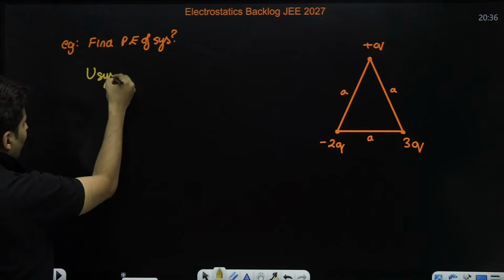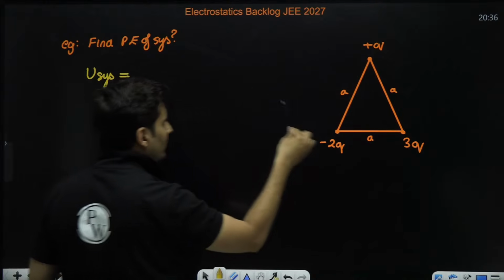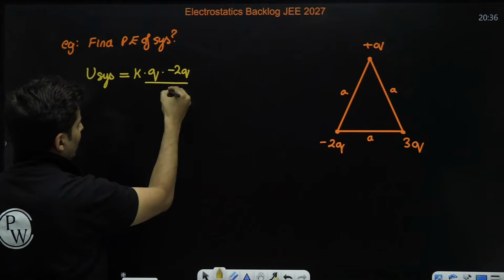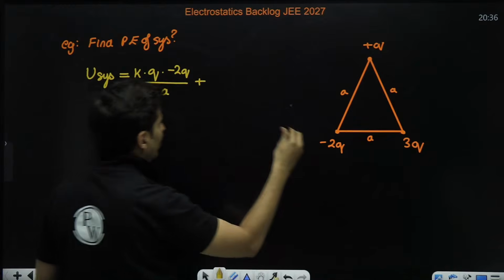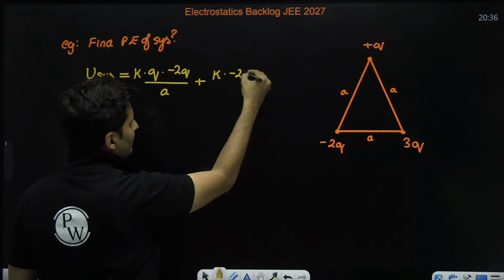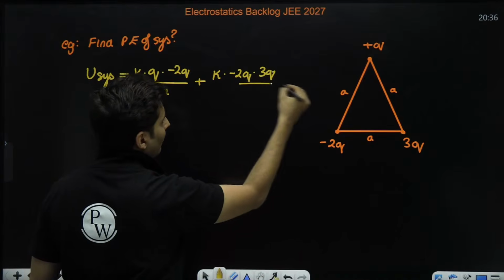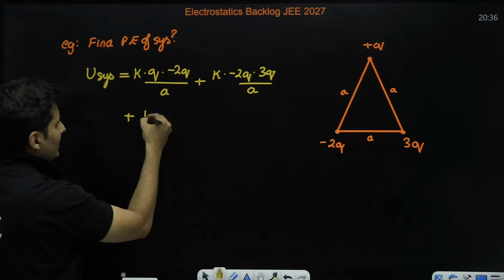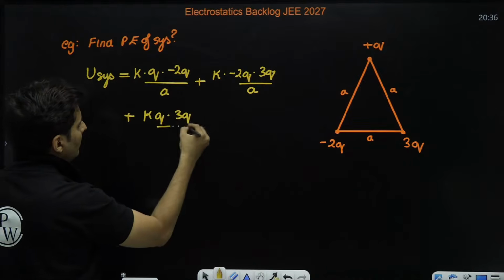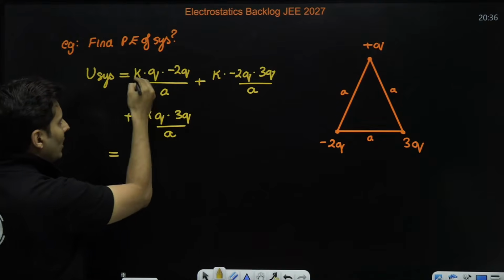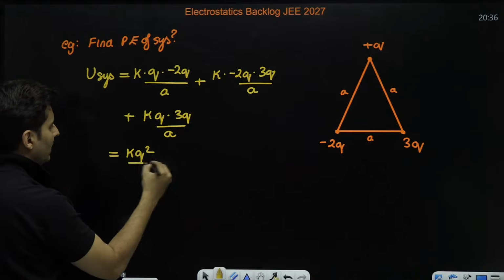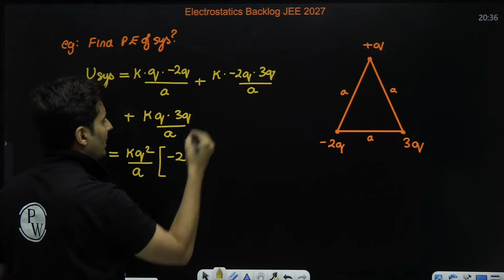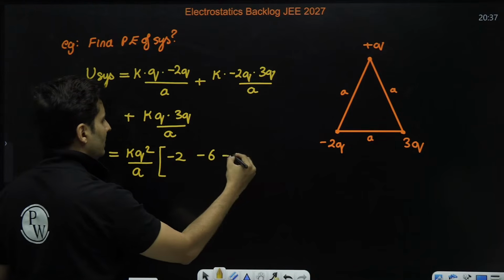So the potential energy of the system will be: take these two first, Coulomb constant k into q into negative 2q divided by A, plus then these two, k into minus 2q into 3q divided by A, plus the third pair, kq into 3q divided by A. As you can see, q, q, A and k are common, so take them common: kq squared by A. Inside the brackets, minus 2 into 3 is minus 6 and 3 into 1 is just 3.